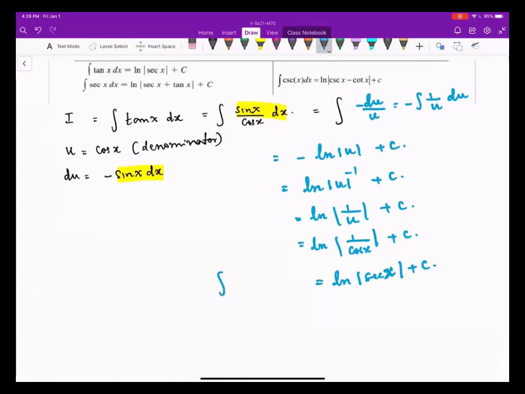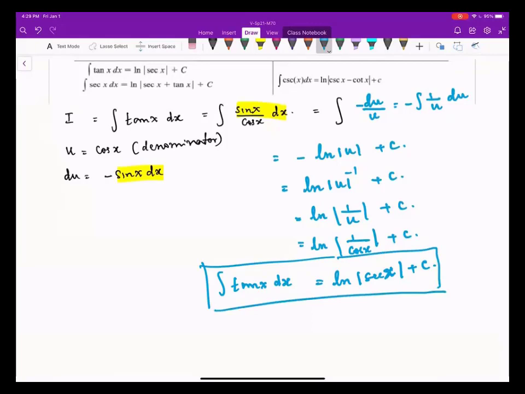So integral of tan x equals ln of absolute secant x. You may be using this later on in problems, so it's better you know how to derive it. Even if you forget, you can actually derive the formula itself.